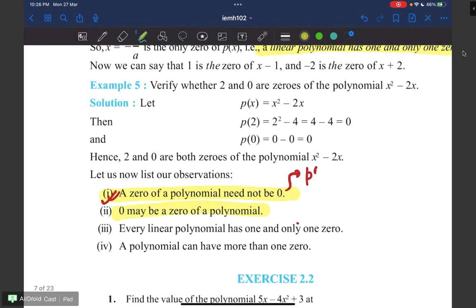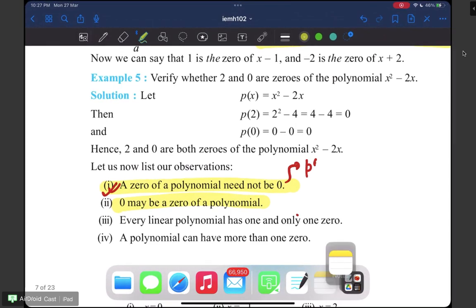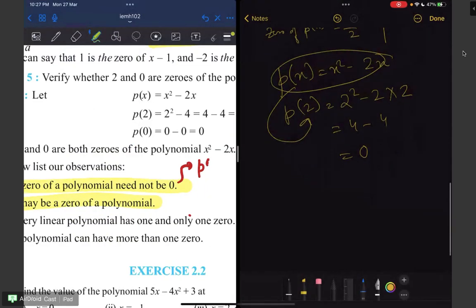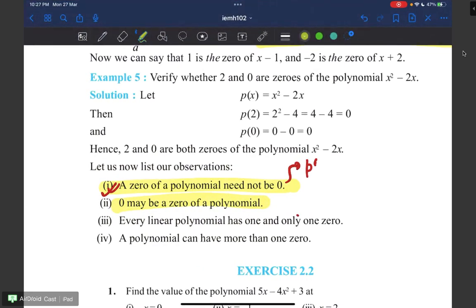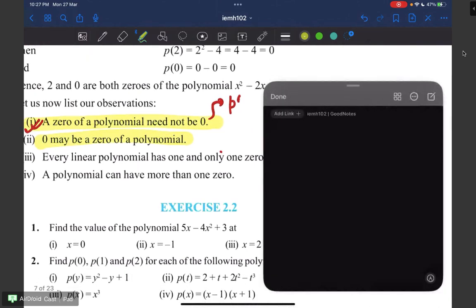The 0 of a polynomial can also be 0. Like in case of this polynomial itself, if I put 0, what will we get? 0² − 2 × 0, that means 0 − 0, it is 0. So 0 also may be one of the zeros of a polynomial.